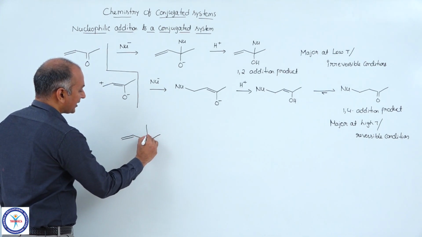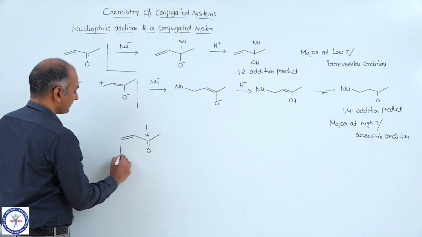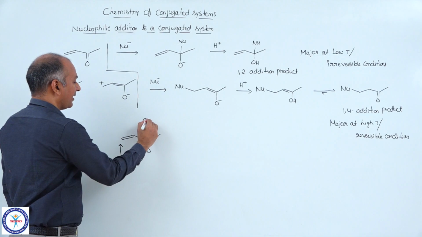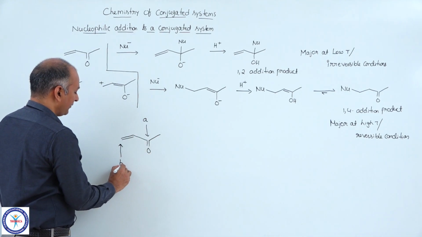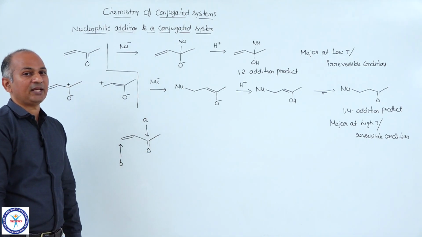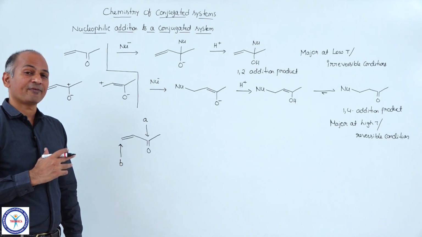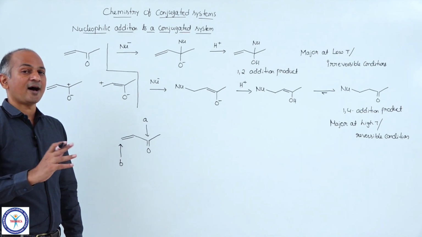Now, we discussed that there are two electrophilic sites. One is C2, let us say it is A, and another one is C4, B. Now, which is more electrophilic? Where does the nucleophile prefer to attack, A or B?